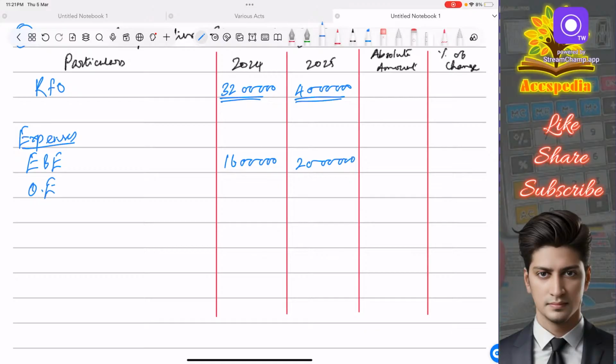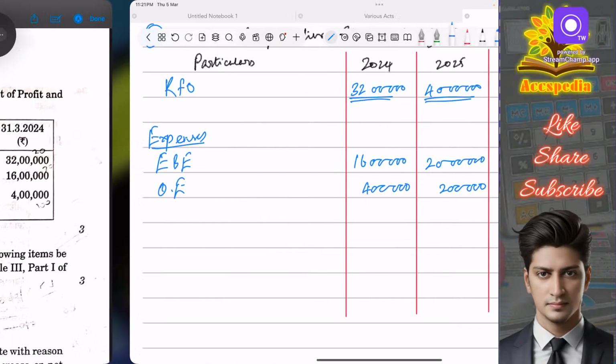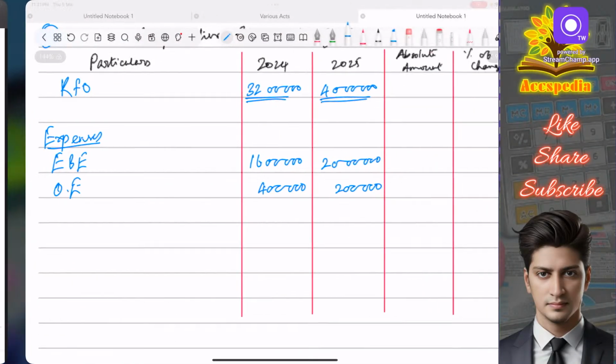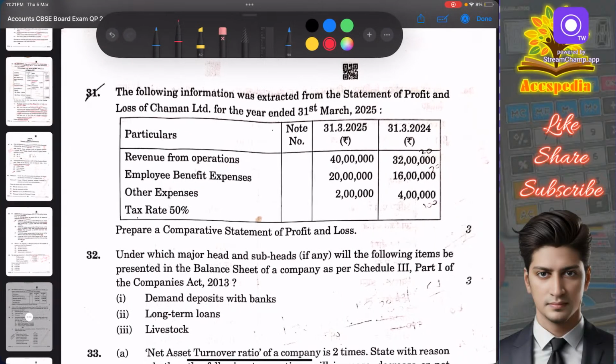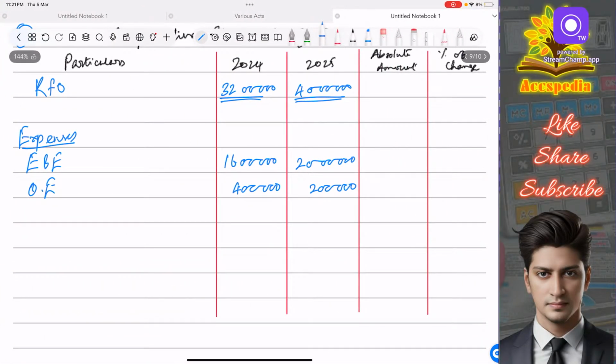Total expenses: 20 lakh, 22 lakh. Then we have to find profit before tax.